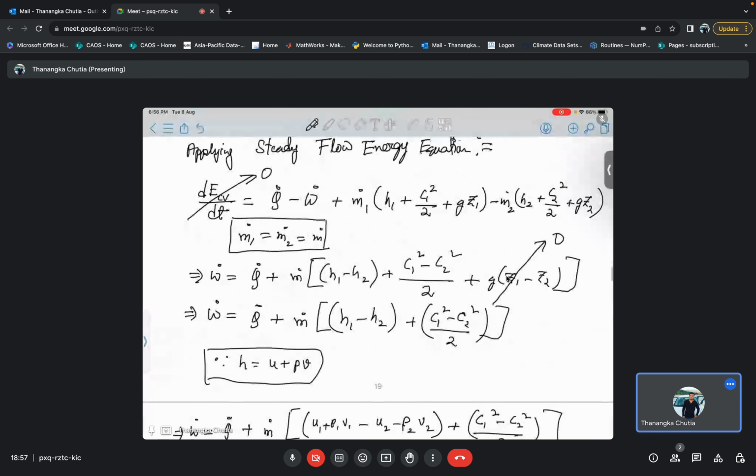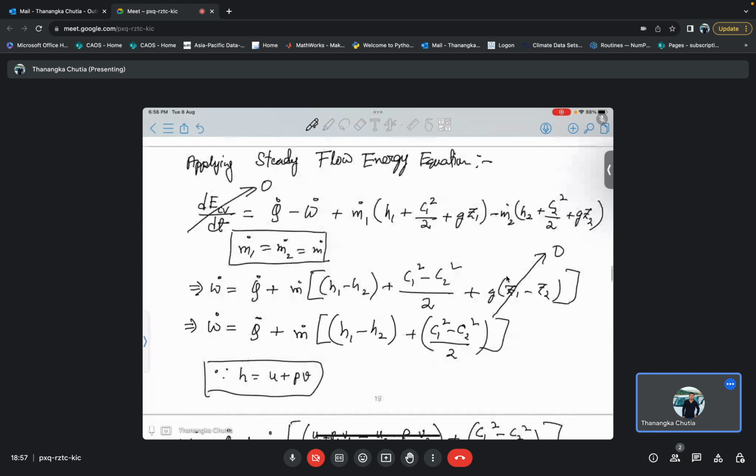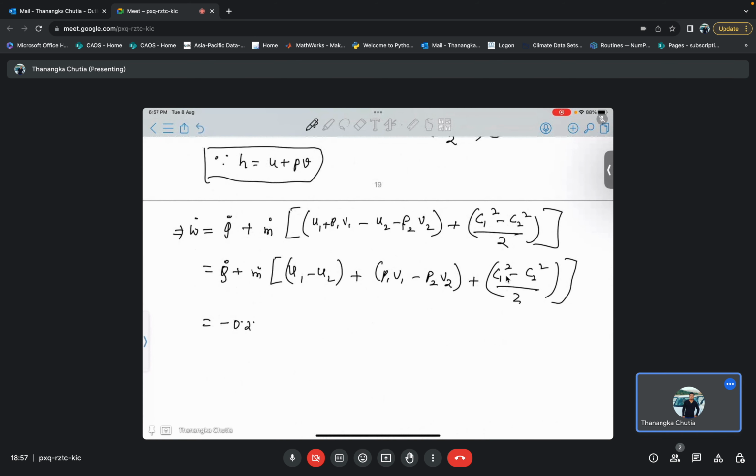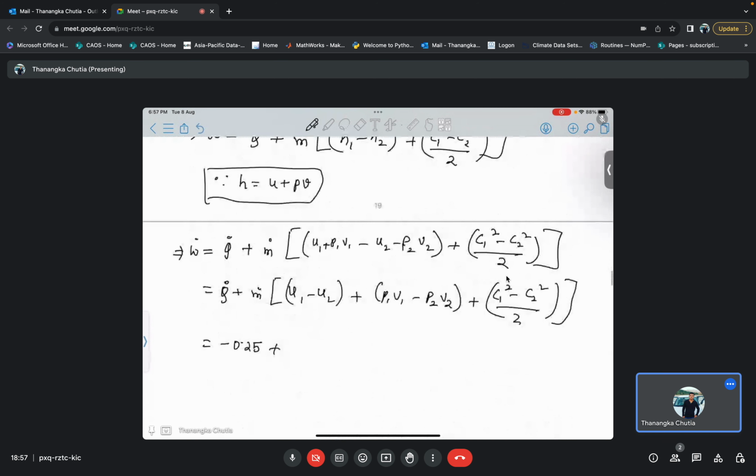So this one also I think I can bring to a finer term. Okay, so Q dot is given as minus 0.25 kilojoule per second, which is basically kilowatt, and your m dot is given as 0.38 kg per second, I'm sorry.